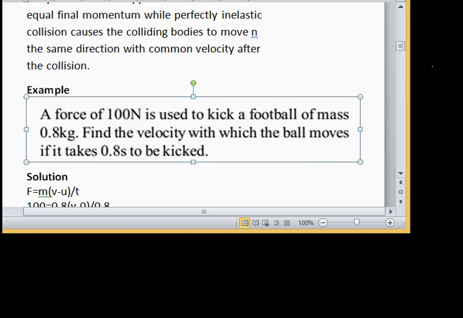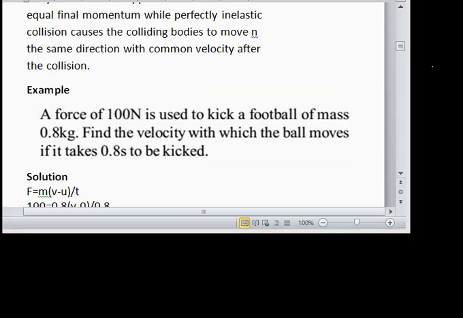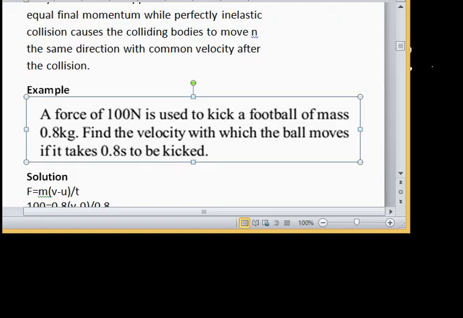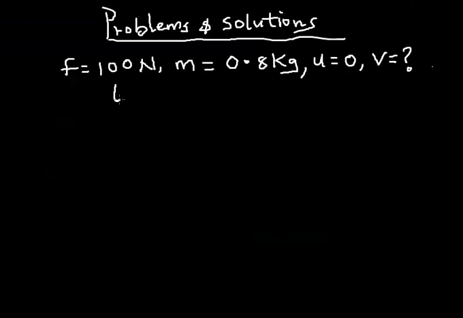Find the velocity with which the ball moves. The ball was kicked from rest, so the initial velocity is 0. We're looking for the final velocity to which the ball moved from rest, if the time is 0.8 seconds.